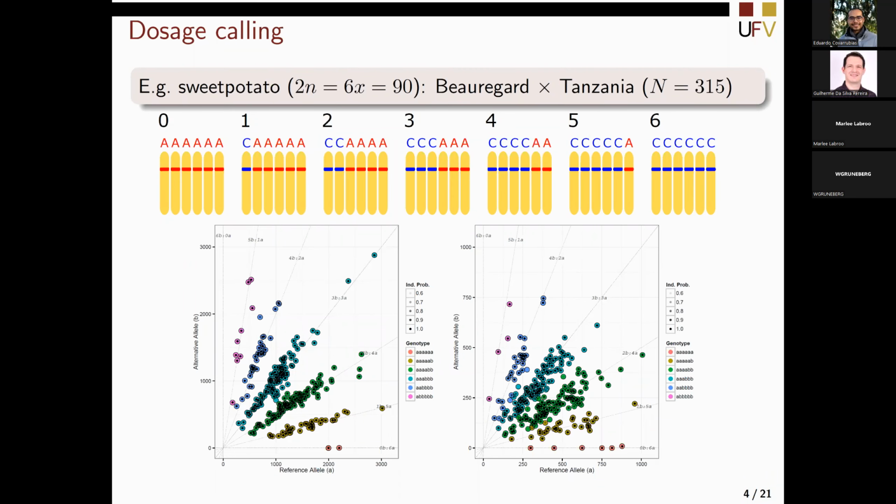So we understand this is an advance, but we are still missing the mid-density platform for sweet potato. So we have to do it in-house, which actually takes a little bit longer, but I know Breeding Insight and EiB are working on the DArTag platform for sweet potato. So we are looking forward to testing it, actually. I think this is going to be a game changer for us, for sure.